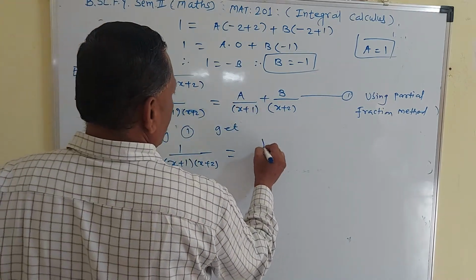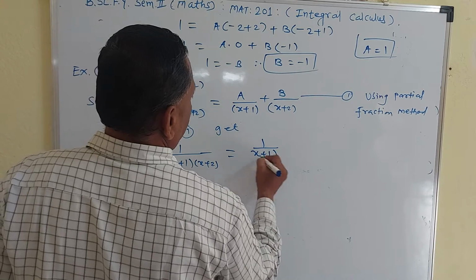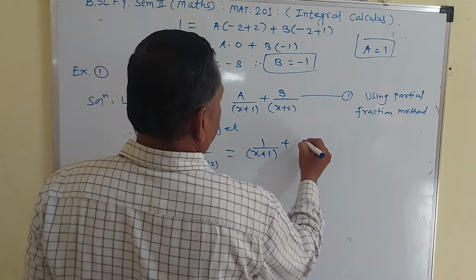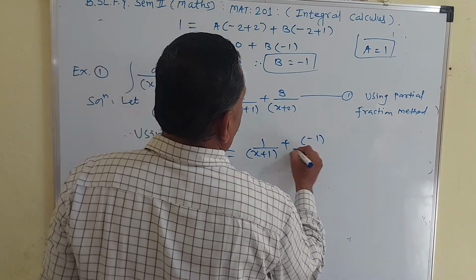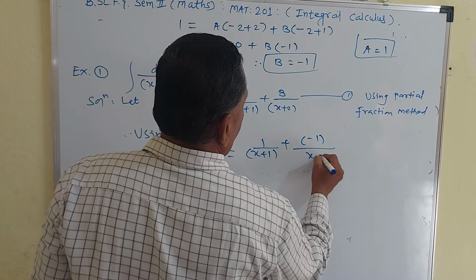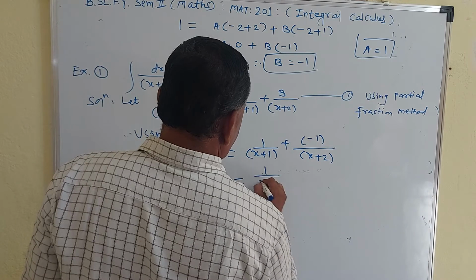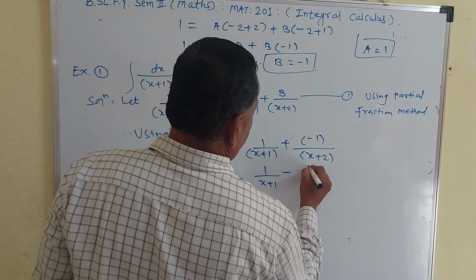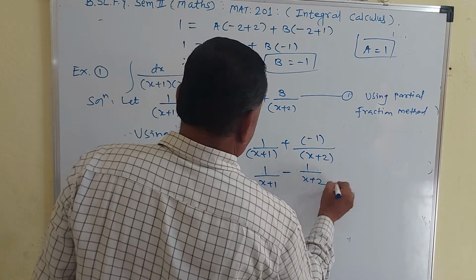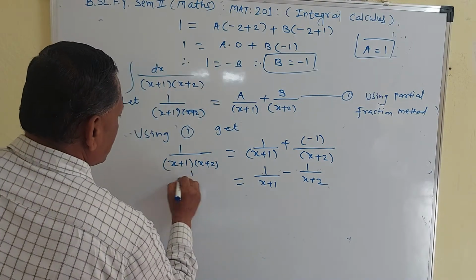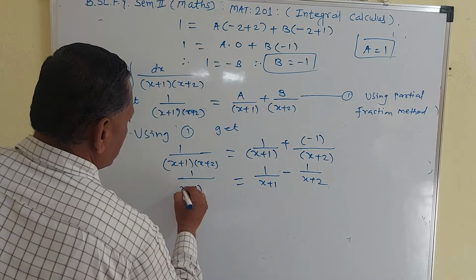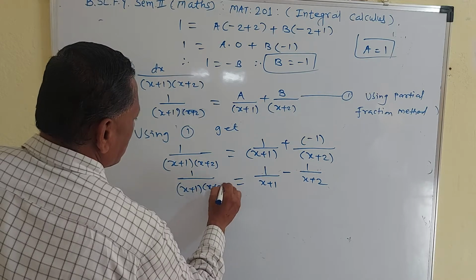So a is 1 upon x plus 1 plus b is minus 1 upon x plus 2. So this can be written as 1 upon x plus 1 minus 1 upon x plus 2. So left side is 1 upon x plus 1 into x plus 2.